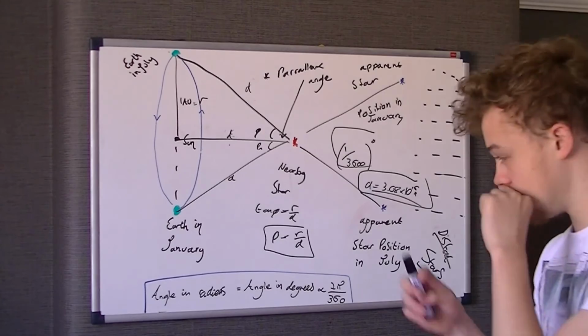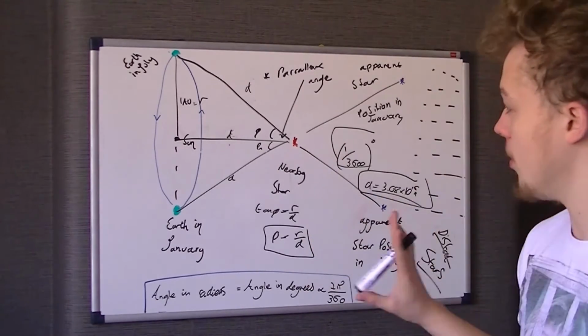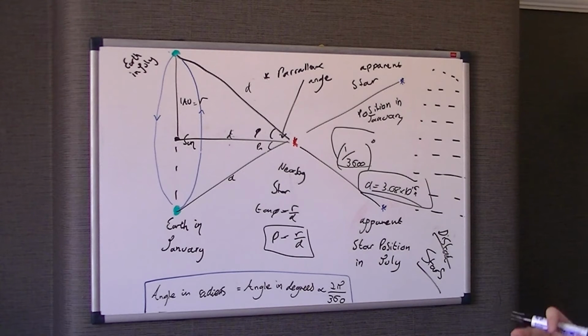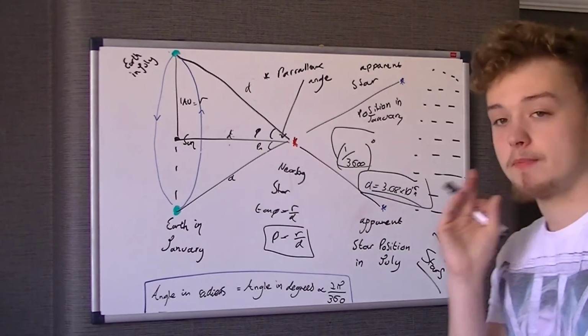Right, okay, so that's a few more formulas for apparent magnitude and absolute magnitude that we need to know. Now, the only other equation that you need to be able to understand to do with absolute and apparent magnitude is comparing the two.